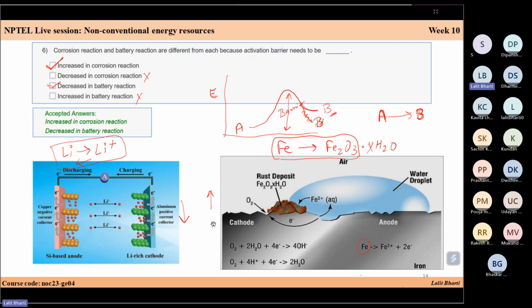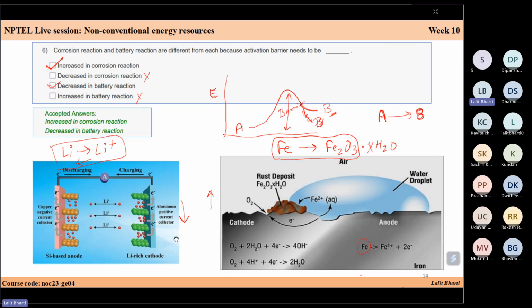And their mechanisms are somehow similar to each other because both are oxidation reduction processes in presence of some liquid electrolytes. The activation barrier and these kinds of things are well taught in thermodynamics: how a reaction happens, what the products will be, and whether the process will be allowed or not.